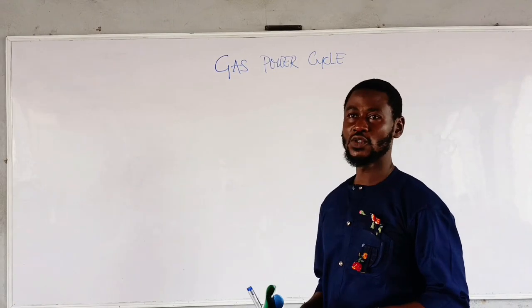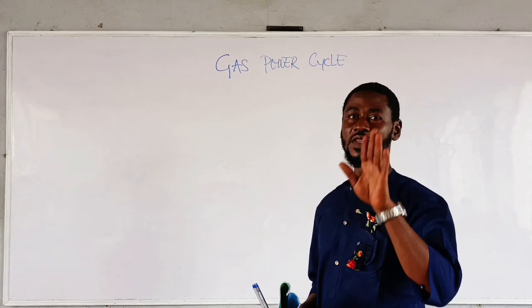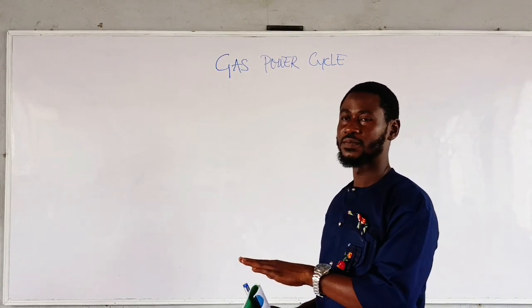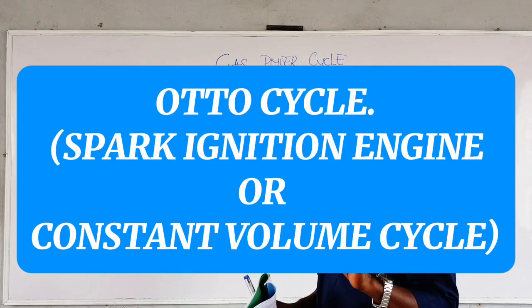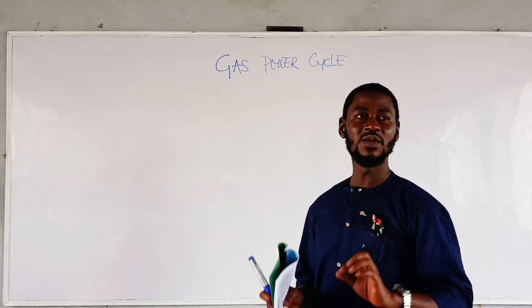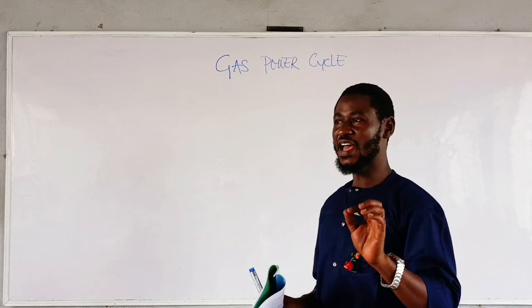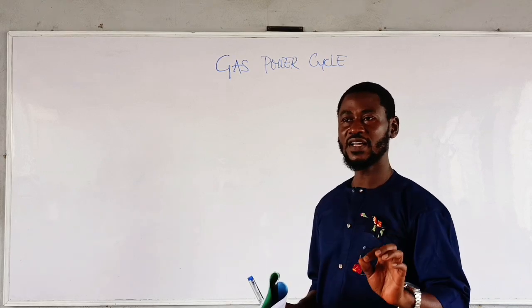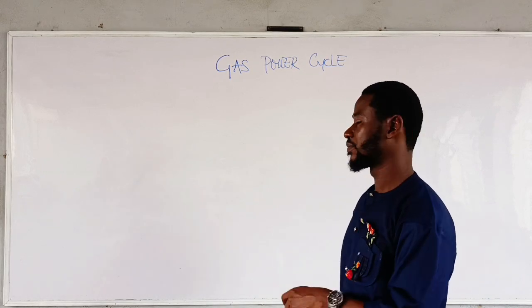We need to go back to the gas power cycle now. We are starting with the Otto cycle. The Otto cycle simply means SI engine, spark ignition engine.